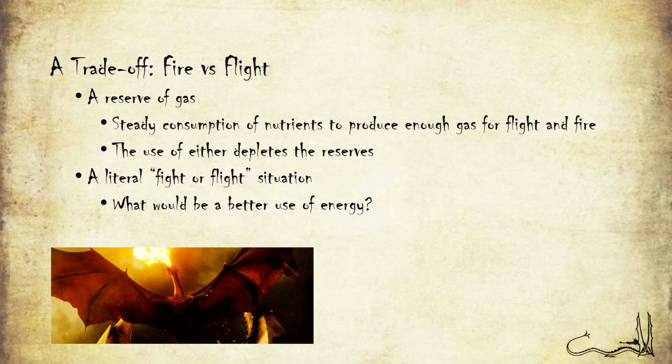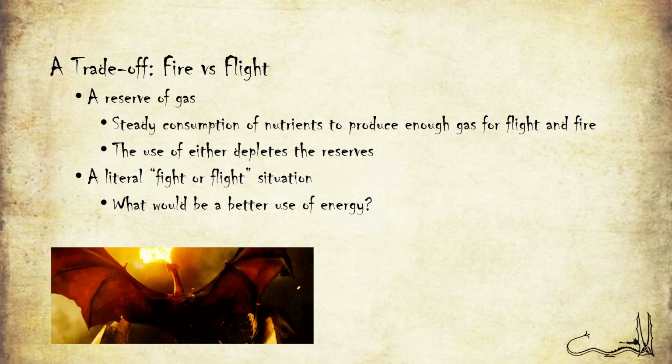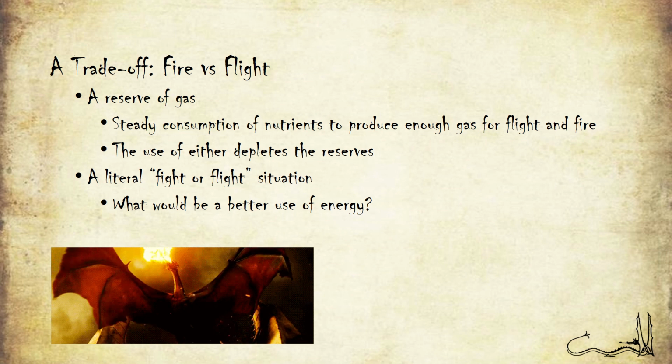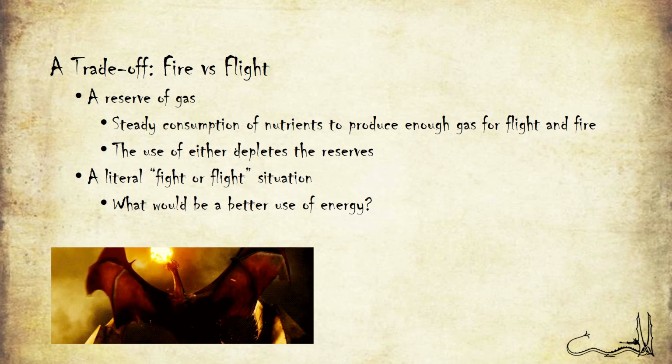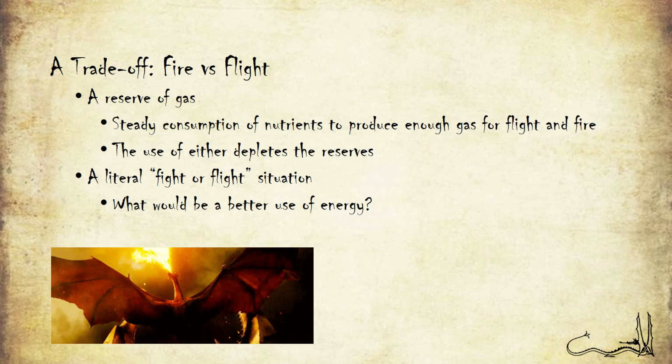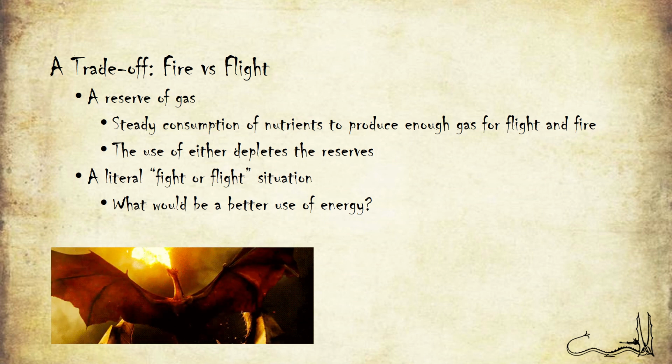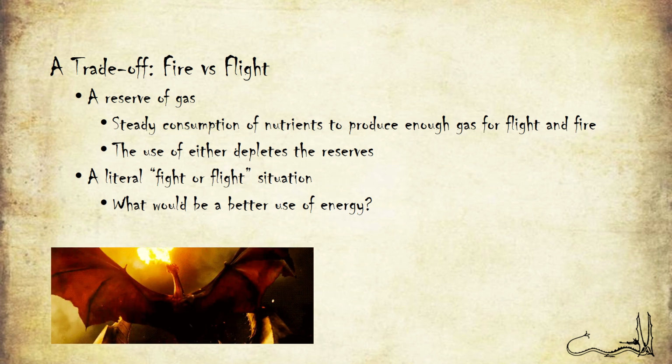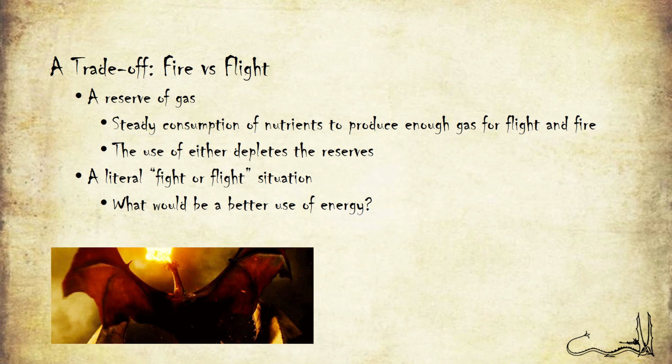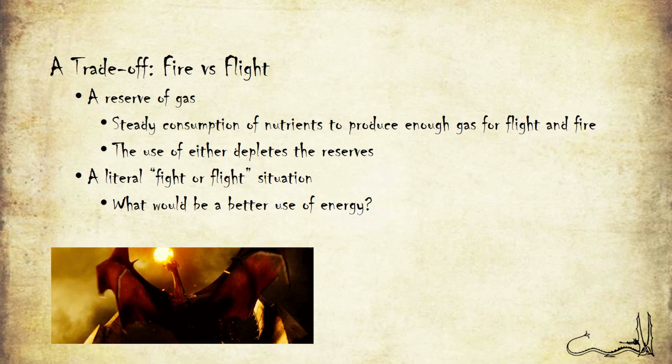But here you are presented with a sort of trade-off, a fire versus flight concept. So you're going to have a reserve of methane in this dragon's respiratory system. And so a steady consumption of nutrients to produce enough gas for flight and fire is needed. And once you use the methane for flight or for fire, it depletes the reserves over time.